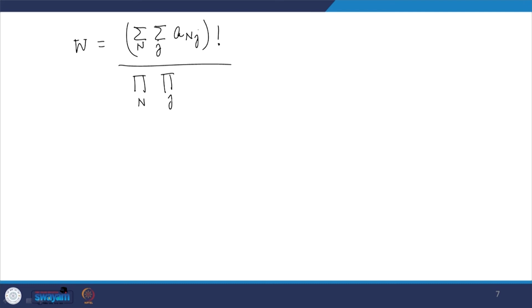So, let us first find the ln of W. W is the summation over N, summation over j of a_{N,j}, factorial. Note that we can always interchange summations, that is not really very important here.